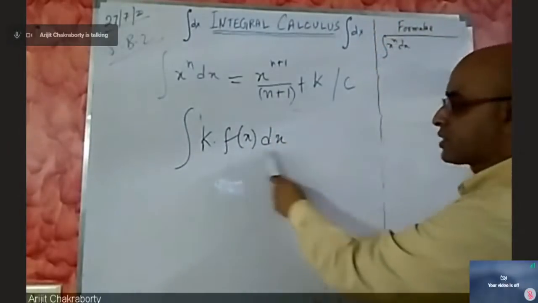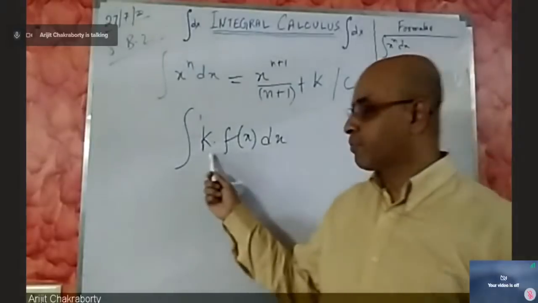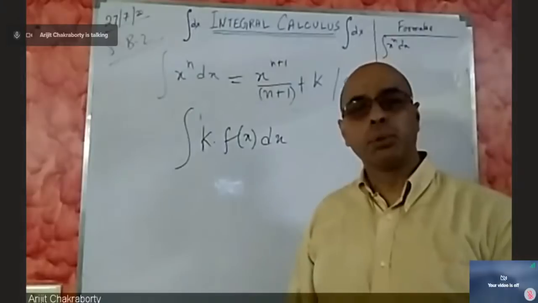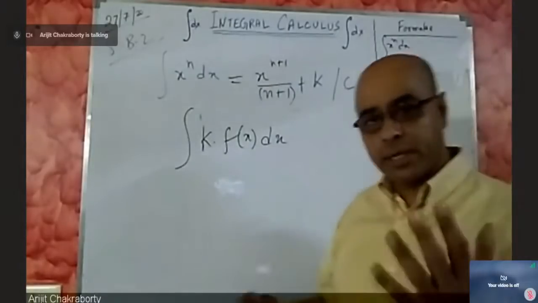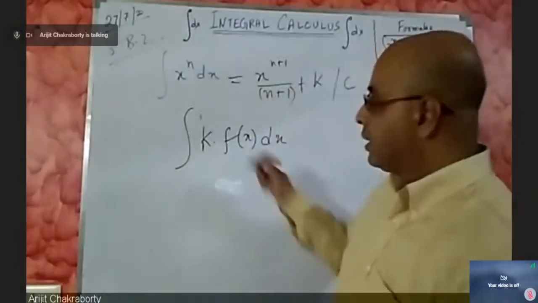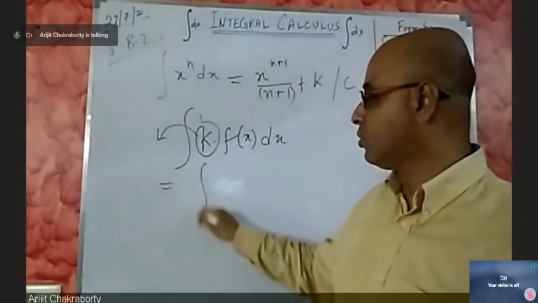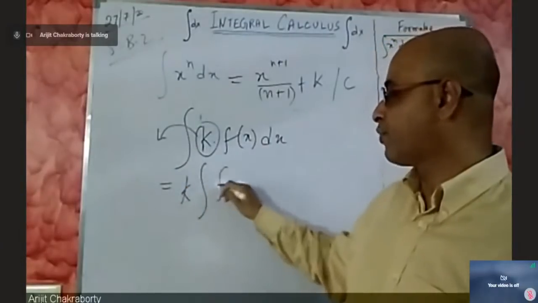So there's a function f(x) dx multiplied by k, which is a constant. So what will happen to this type of integration? Very simple. k will come out. So this will be equal to k outside, f(x) dx.